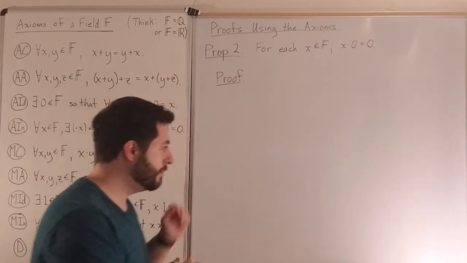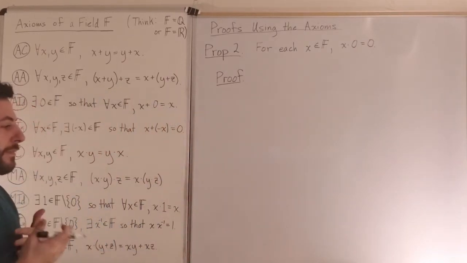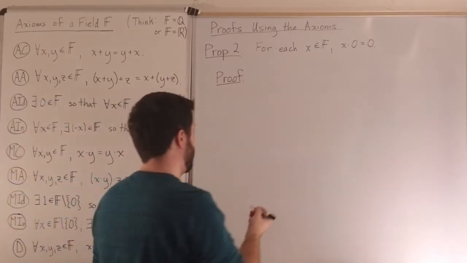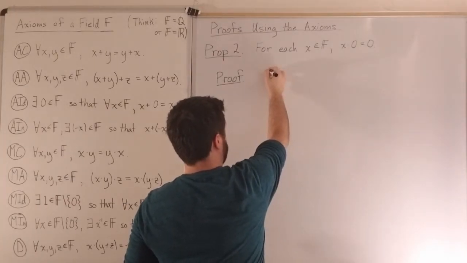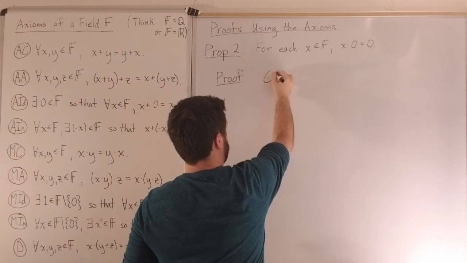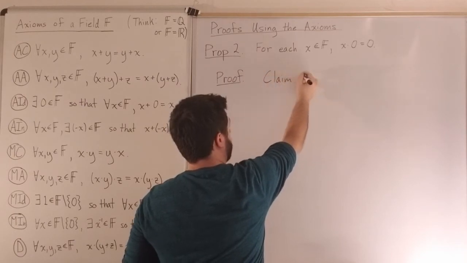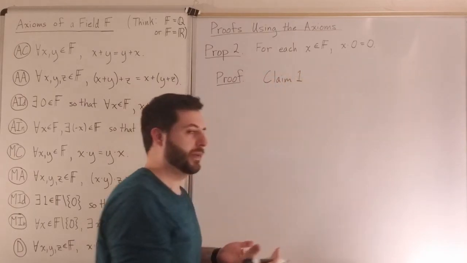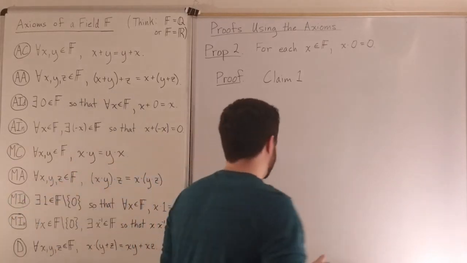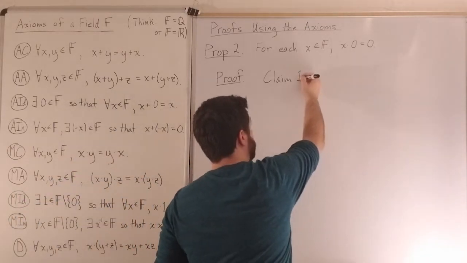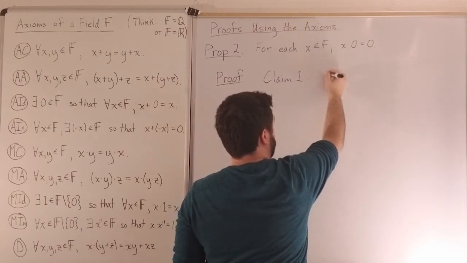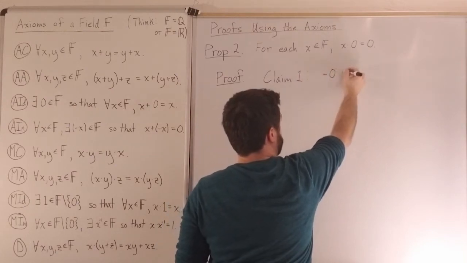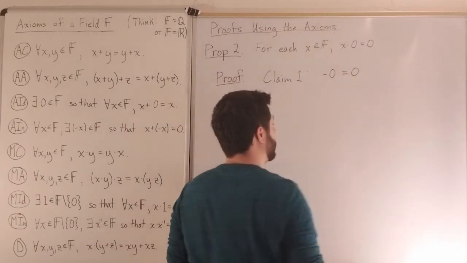And to do this, I'm going to make a separate claim. So this will be a subproof. So I'm going to call it claim 1. It turns out it'll be the only claim, but it's still fine to just number things. So claim 1 is that the opposite of 0 is equal to 0, or negative 0 is equal to 0.